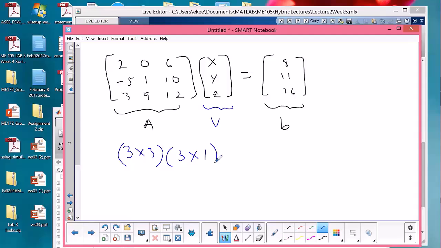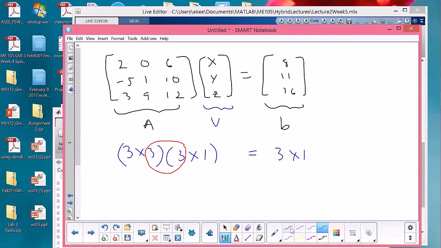Therefore, it is possible to multiply A times V, as the inner dimensions collapse. So my result should be a 3 by 1, which tells you that B is 3 by 1. Because we've done matrix multiplication, if I multiply this coefficient matrix A by my vector of unknowns, I should get this. And so let's do that to generate the equations.